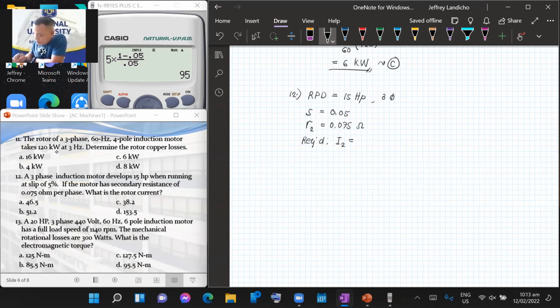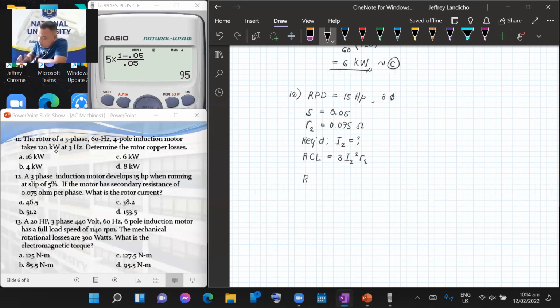So that is I2. Saan natin pwede makita si I2? Since power ang given, alam natin that RCL, it is 3 times I2 squared times R2. So, ibig sabihin, makukuha natin yung ating I2 kung alam na natin si RCL. Okay? So, saan natin kukunin si RCL?